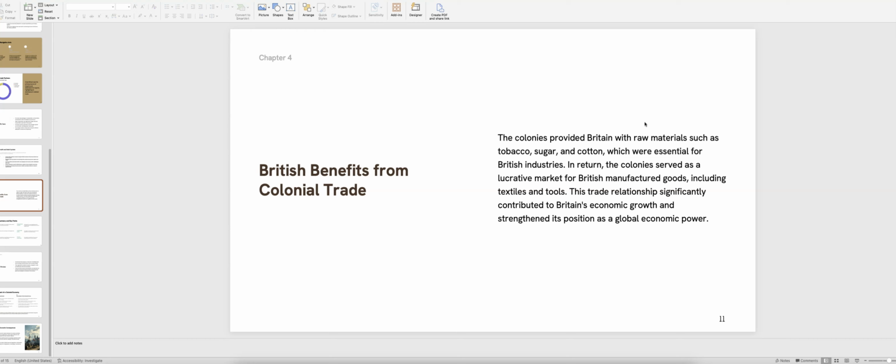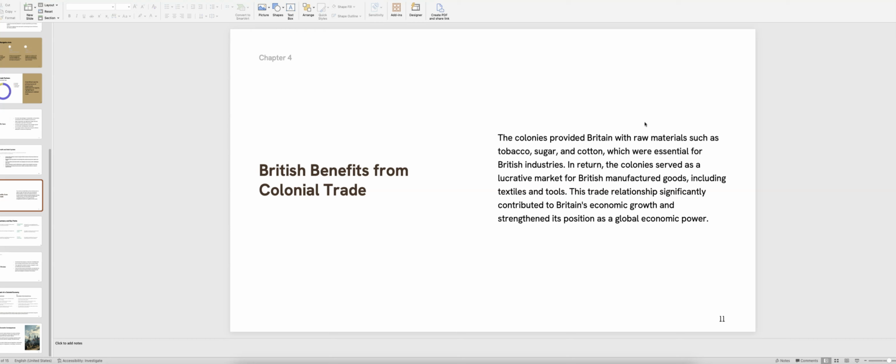It was imbalanced trade, and that was by design, right? That's the whole reason why England wanted the colonies. So the colonists had trade deficits. And it turned out that these trade deficits were quite unsustainable.